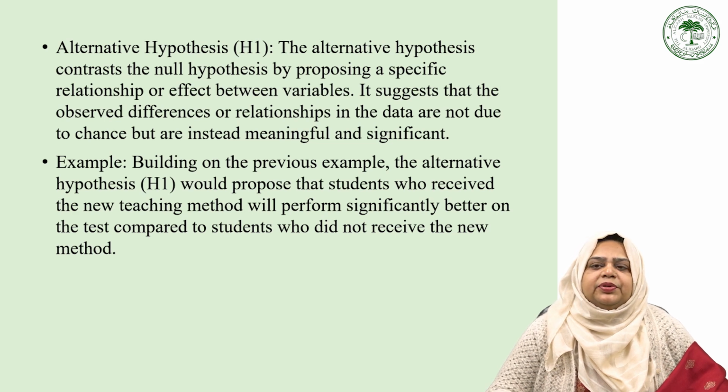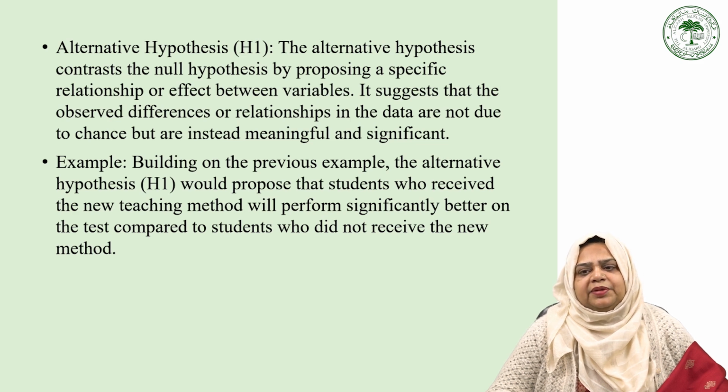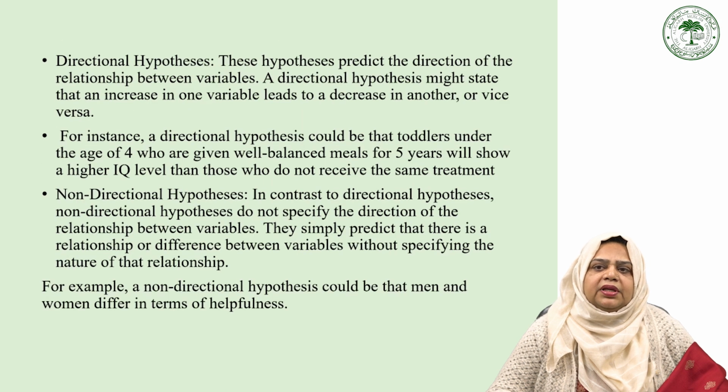The alternative hypothesis plays a vital role in research because it goes beyond the null hypothesis by proposing a specific relationship or effect between variables. This hypothesis suggests that the observed differences or relationships in the data are not mere coincidences but rather hold important meanings.